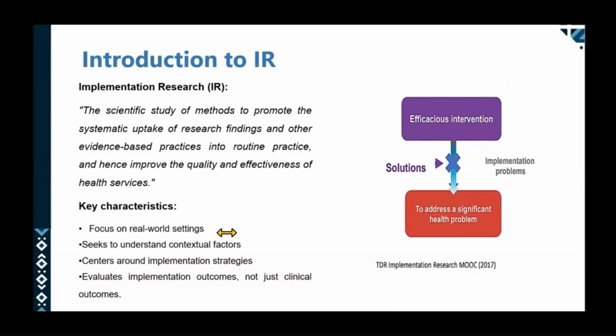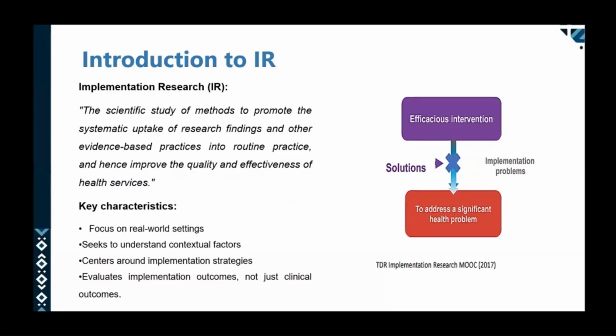So we look at implementation research as the study of methods to promote the systematic uptake of research findings and other evidence-based practices into routine practice. So here we want to improve the quality and effectiveness of health services by identifying the barriers and facilitators that can either promote the implementation of our intervention or serve as a setback to our implementation of our intervention.